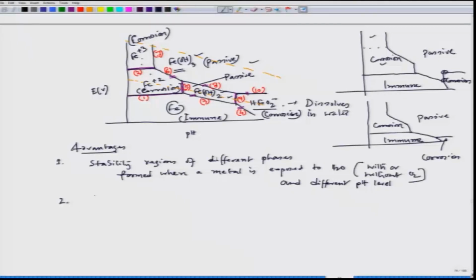Second part, it somehow predicts spontaneous phase formation as a function of E and pH. Definitely it can predict.